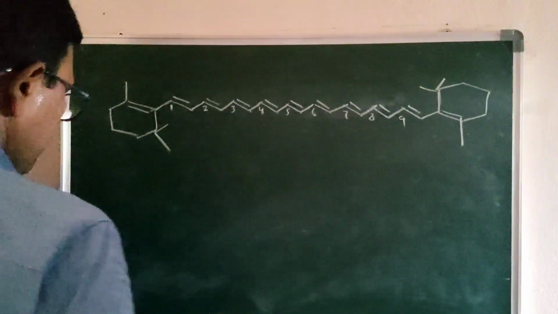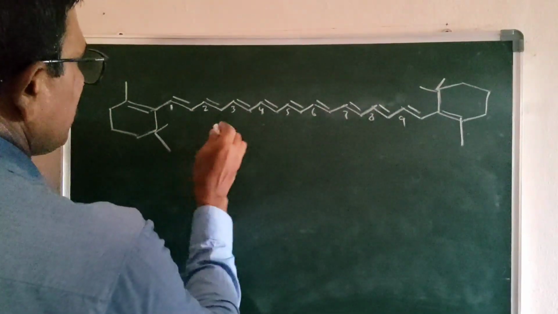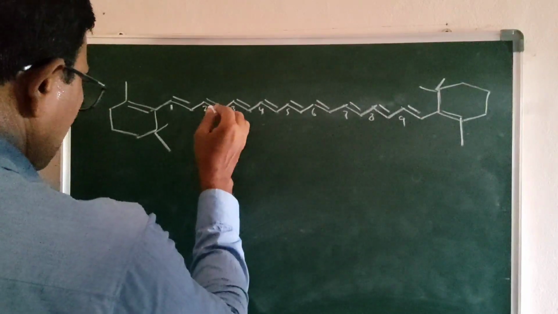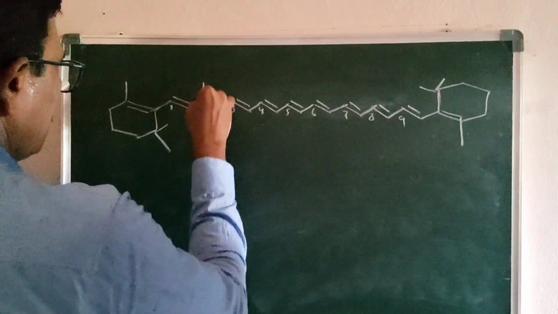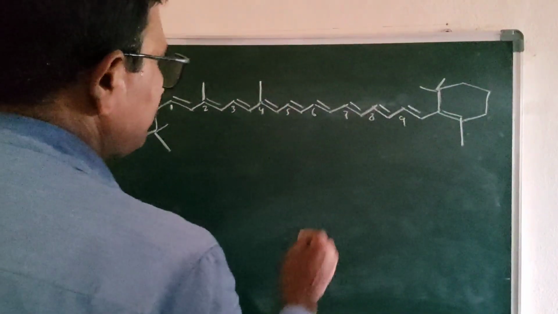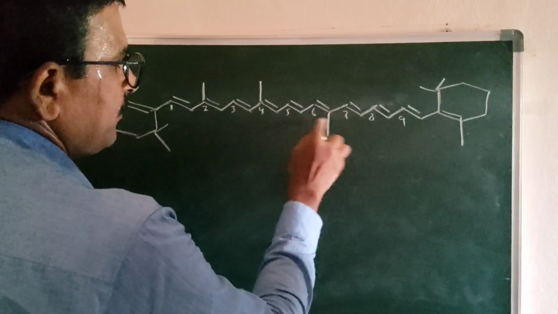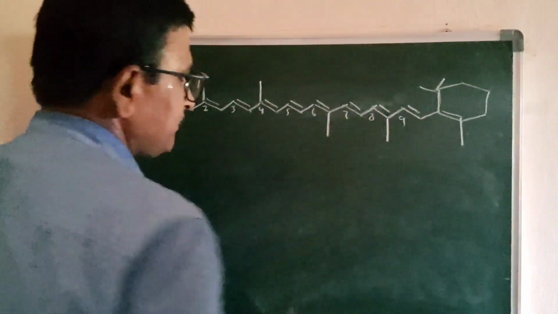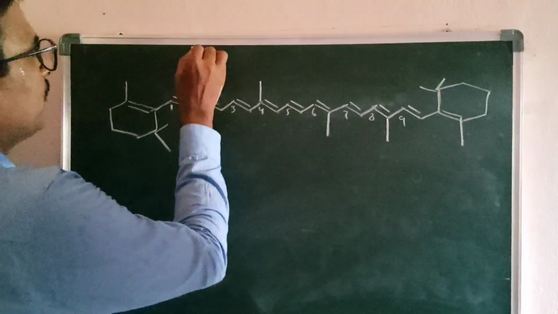Coming to alkyl group. One alkyl group at second carbon, one alkyl on fourth carbon, one alkyl between 6 and 7, one alkyl between 8 and 9. This is beta carotene.